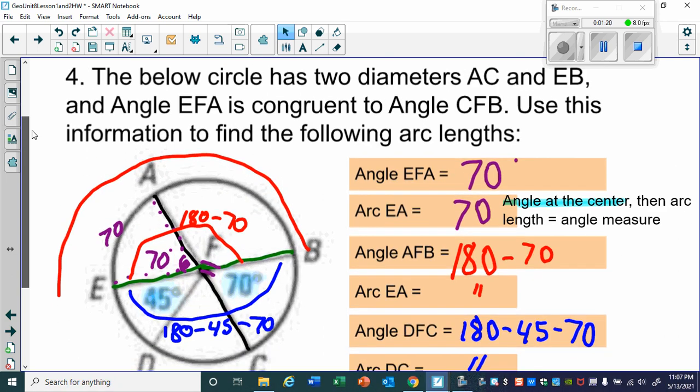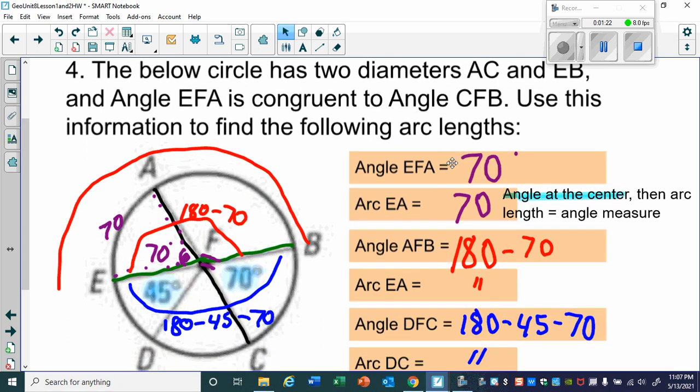Now for these angles, EFA is this purple dotted one, but notice how EFA is congruent to this vertical angle BFC. They're both 70 degrees. Since our angle was at the center, the arc length and angle measure will be the same.